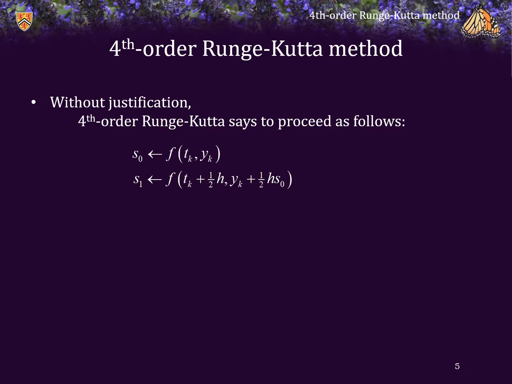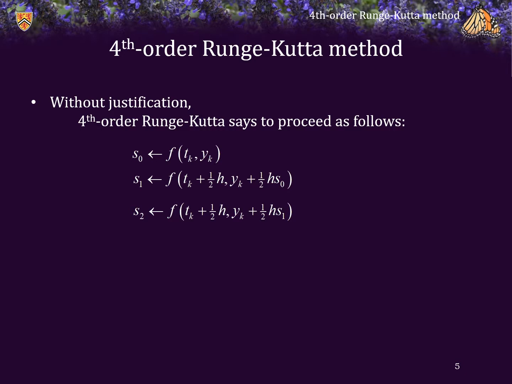So now we're at the midpoint between the current t sub k value and the next t sub k plus h value we'd like to approximate the function at. All right, so we'll follow that slope out. Now we have a new slope at that point. Let's follow that new slope out a distance h over 2, and once again calculate the slope at that point.